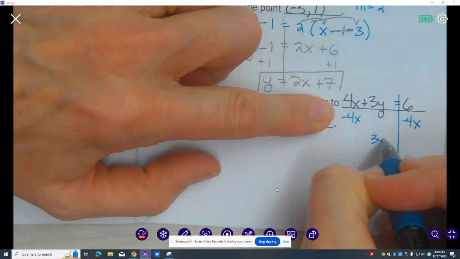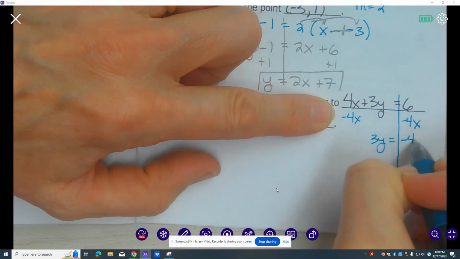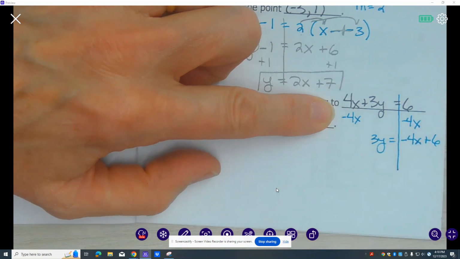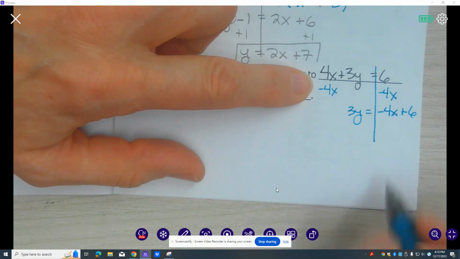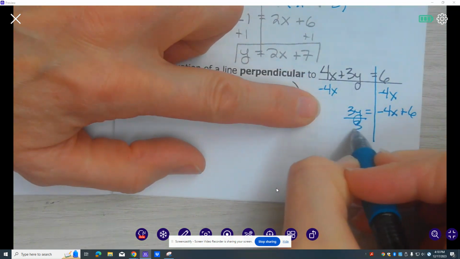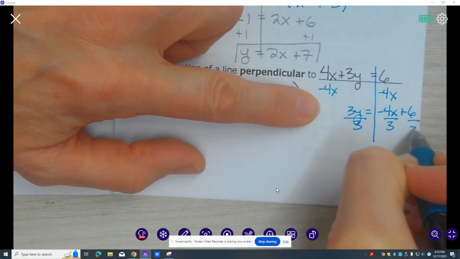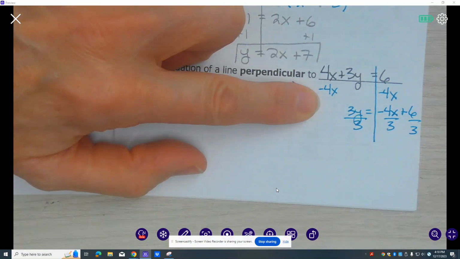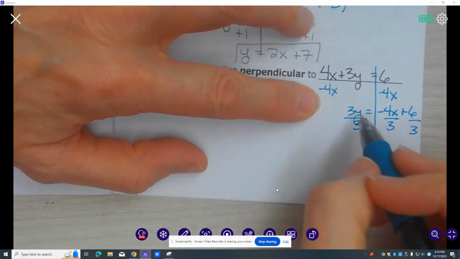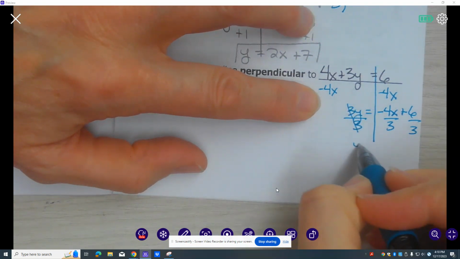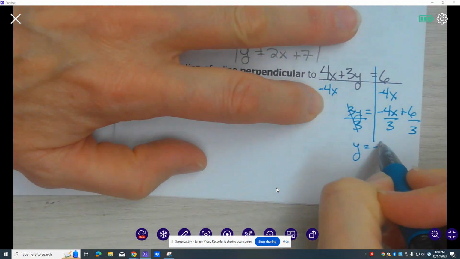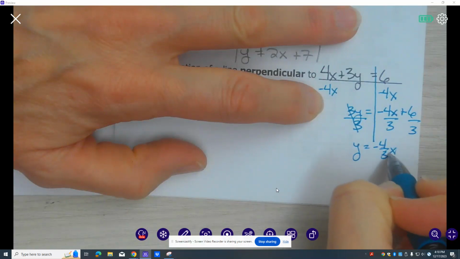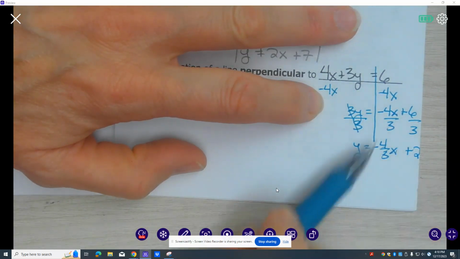And I get 3y equals negative 4x plus 6, right? Now 3 is multiplied by y, so to undo multiplication, I'm going to divide all 3 terms by 3. 3 divided by 3 is 1. So I have 1y equals negative 4/3 x plus 2. Just leave that as a fraction.